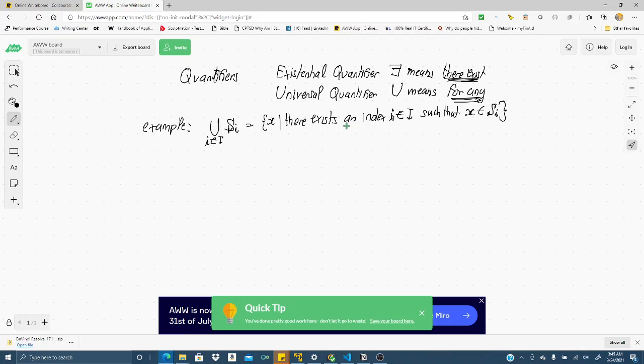And a big set of sets contains all the elements. i belongs to the big set I, which is the big set of all the indexes. And the small i is one element of index. This is a number.